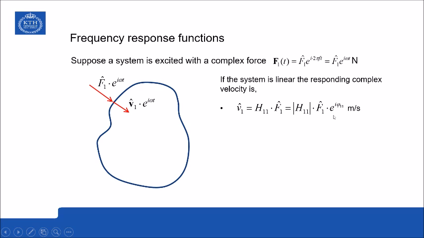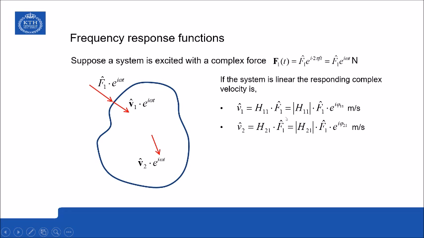So if we expand this frequency response function in its magnitude, the absolute value, and its phase factor, the response will look like this. If we introduce a second point, point 2, where we measure the vibration velocity, we will in the same way obtain the response as the product with the second frequency response function and the exciting force, and so on.